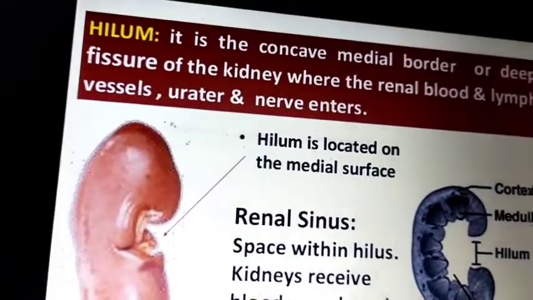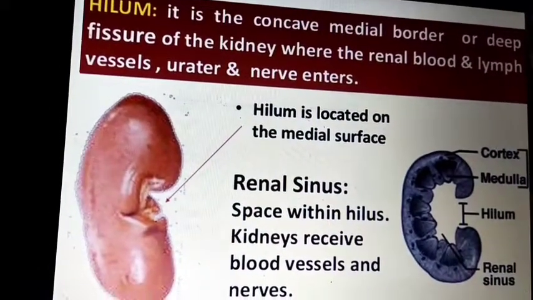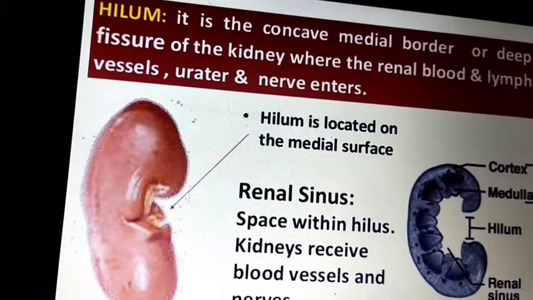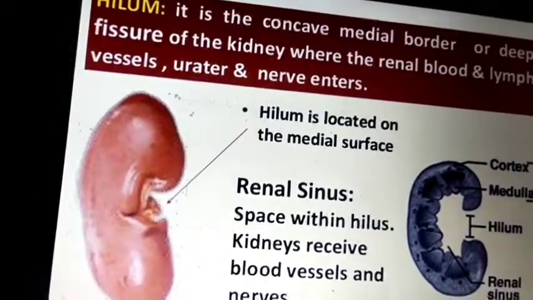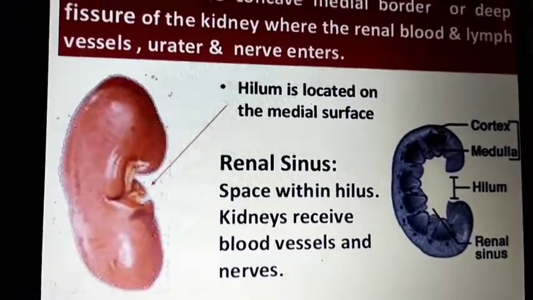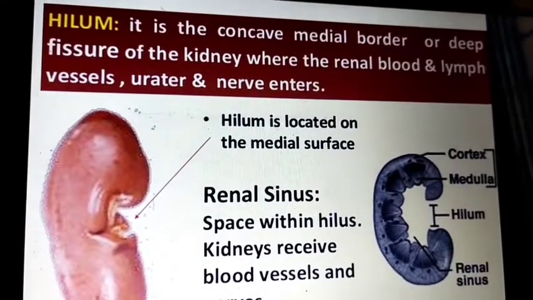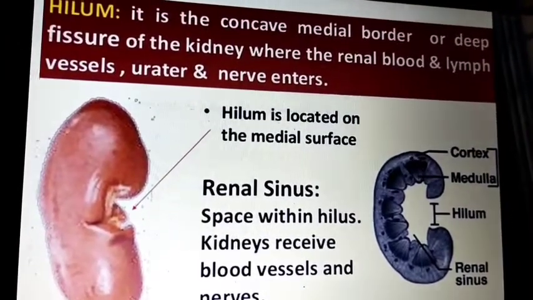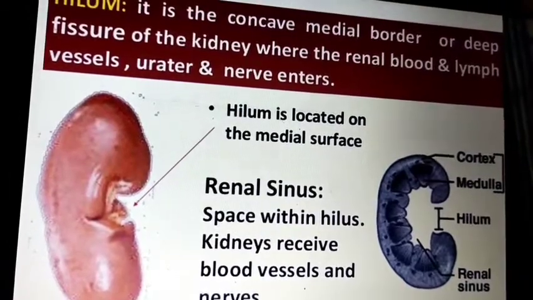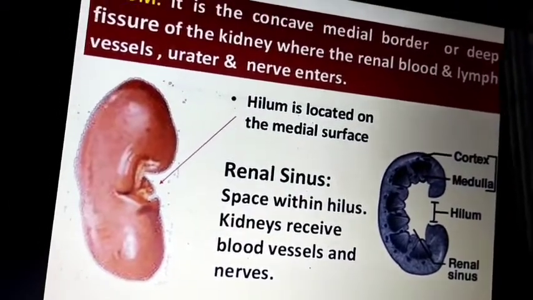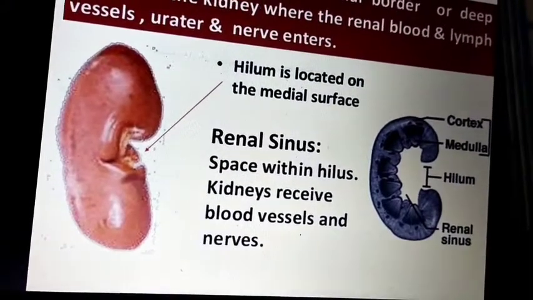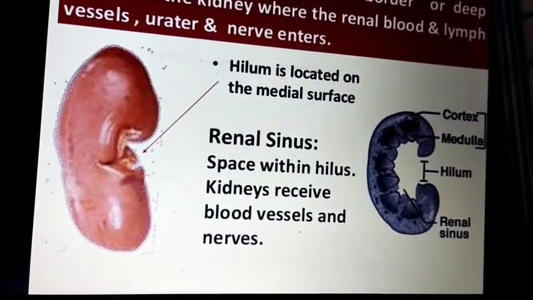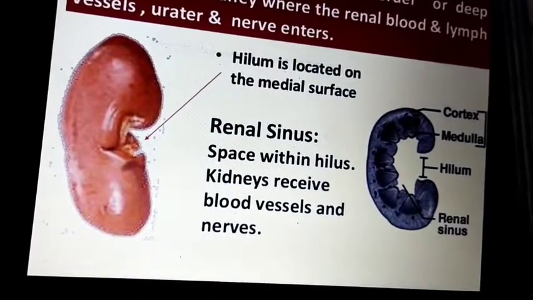The hilum is the concave medial border, or deep fissure of the kidney, where the renal blood vessels, lymphatic vessels and nerves enter, and the ureter exits.